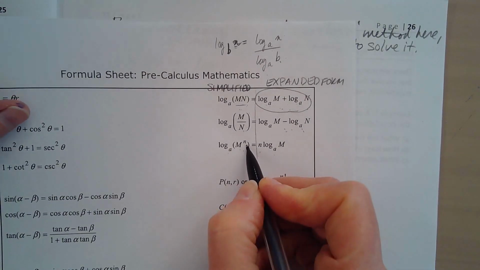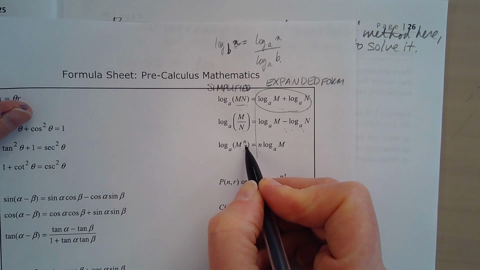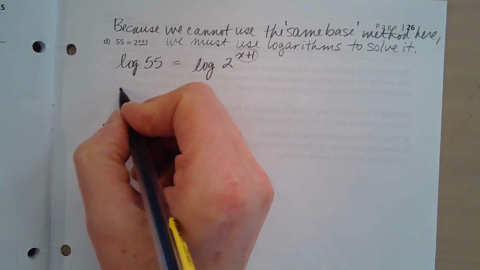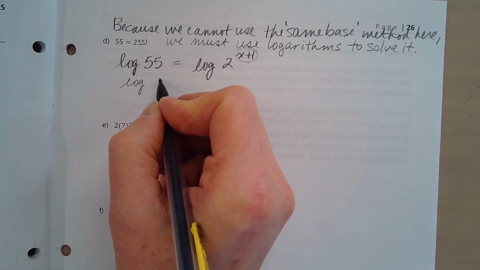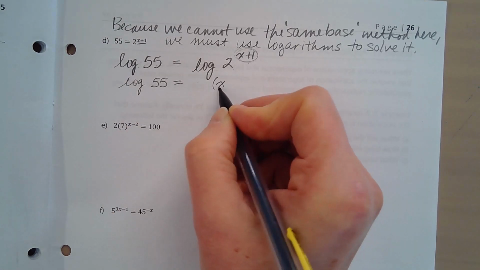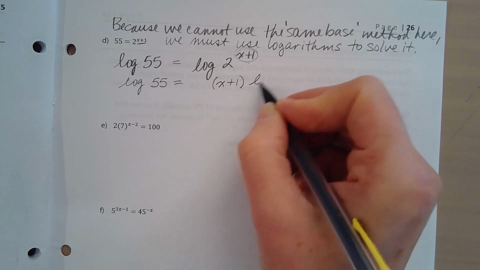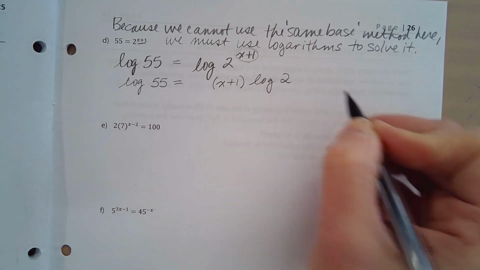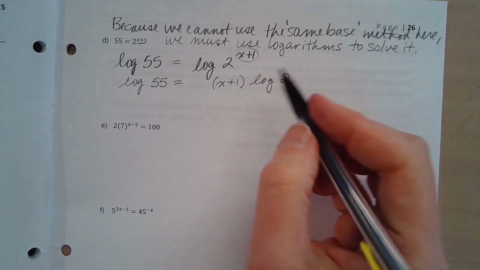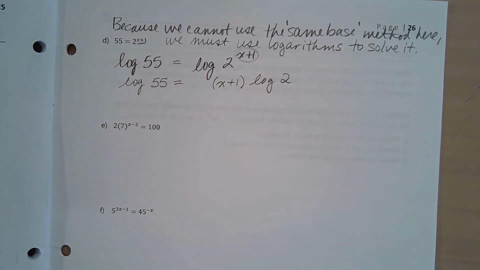I can take an exponent in a log statement and it just becomes, seamlessly, a coefficient. So then I can rewrite my statement. Log 55 will equal, this comes down as a coefficient. See how easy that was? And that's a beautiful thing, right? Because now your variable isn't in the untouchable exponent area, it's down as a coefficient. It's down on solving level, where we're used to seeing our variables.